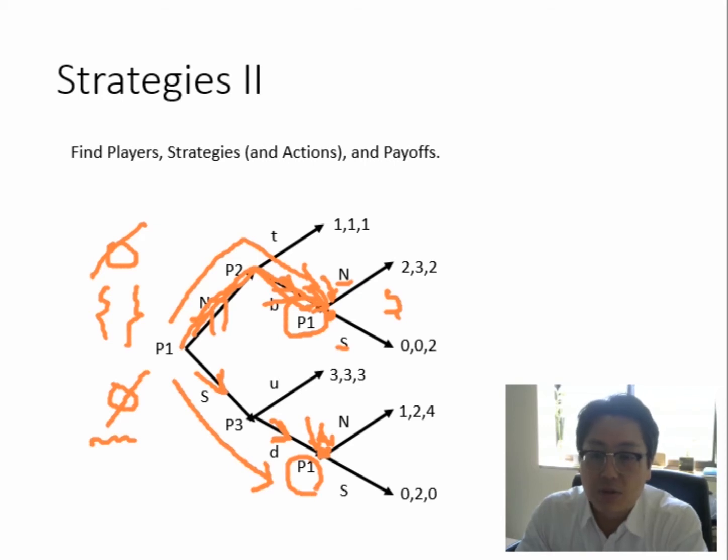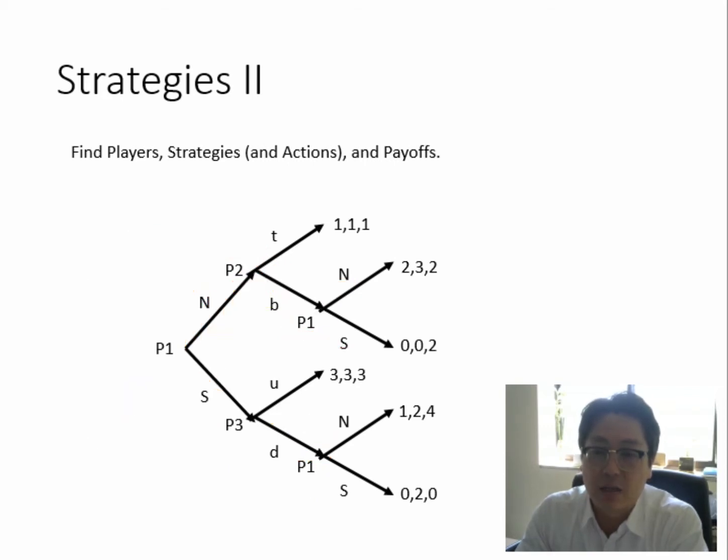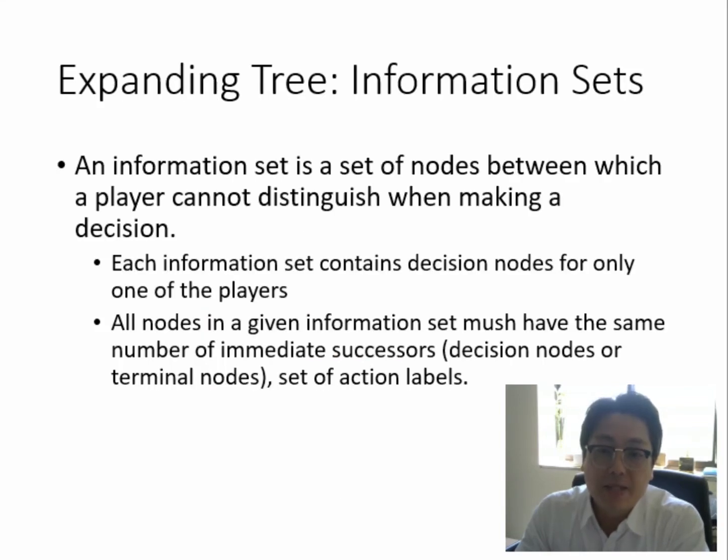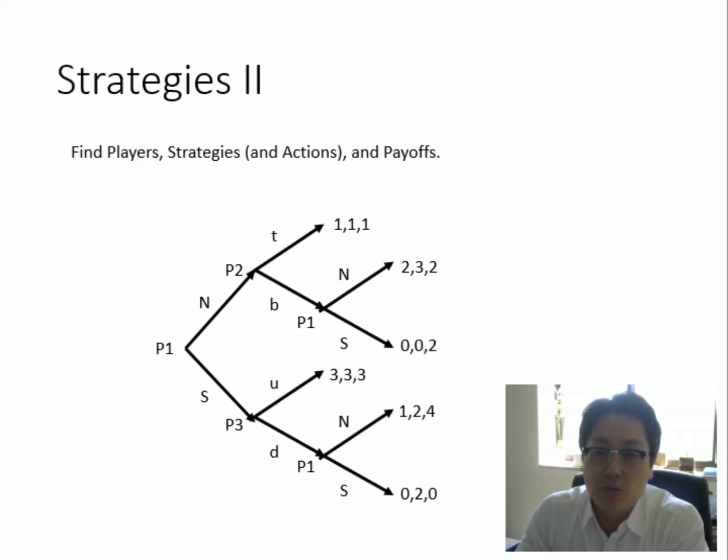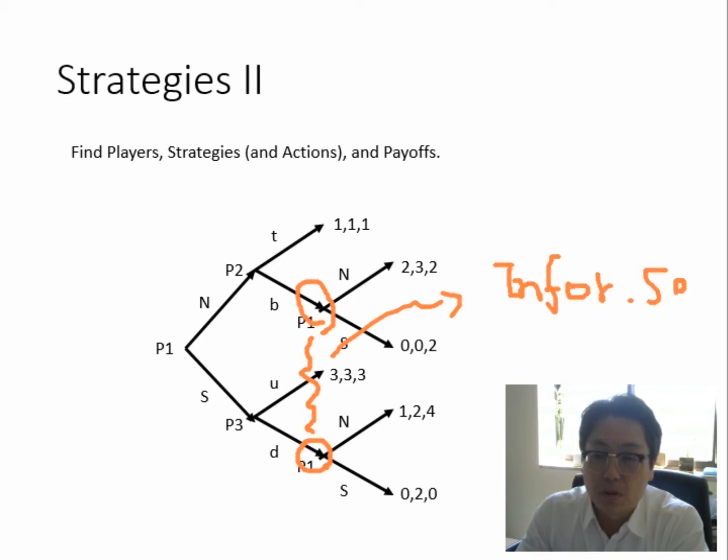That's the key thing to understand what an information set is. So look at this. Information set again: a set of nodes between which a player cannot distinguish when making a decision. Going back to the previous graph, for example, if these nodes and these nodes are in the same information set, the player cannot distinguish where the player is between these nodes and these nodes.